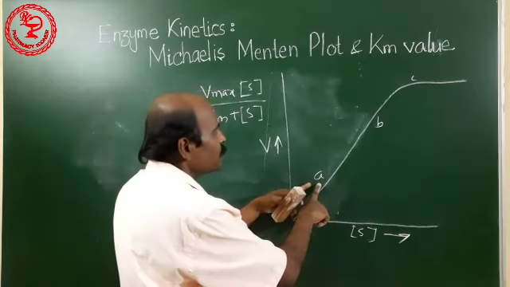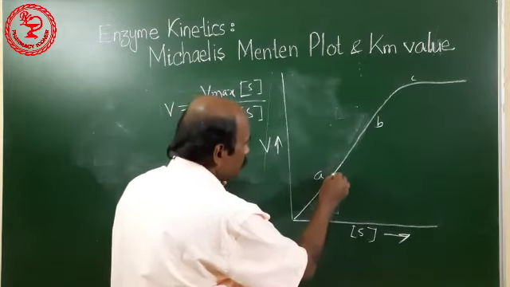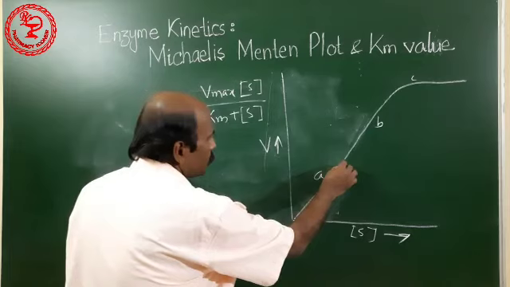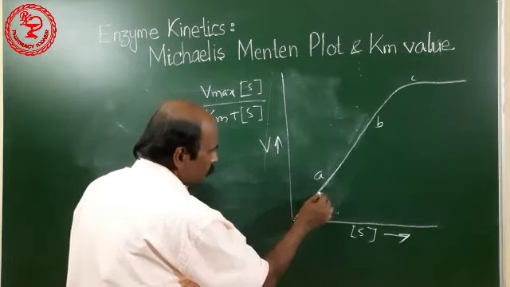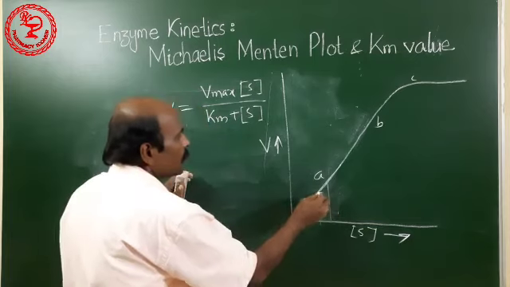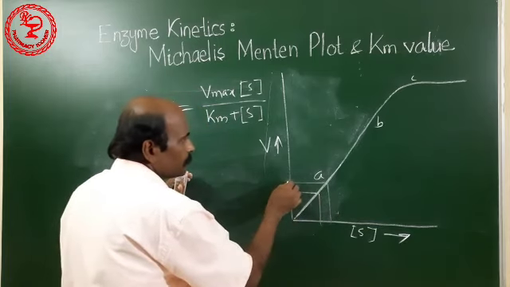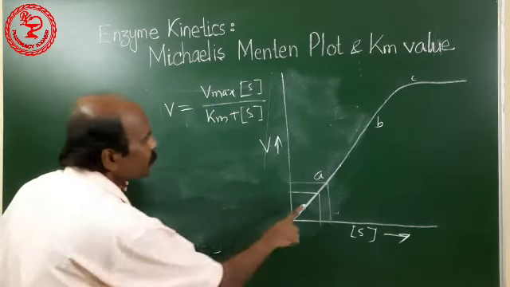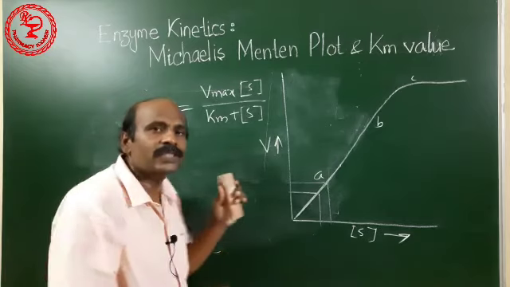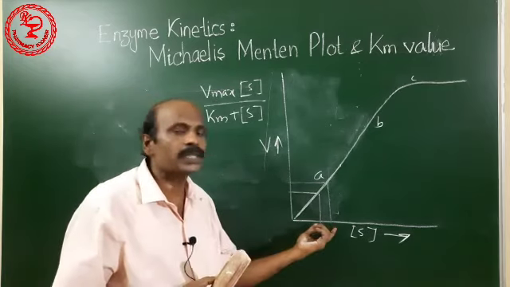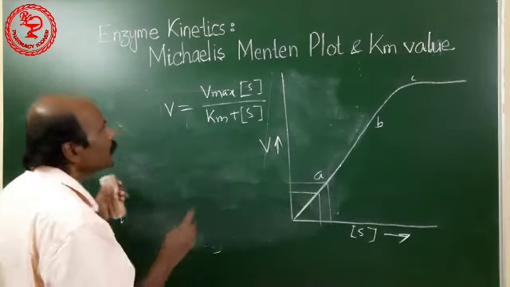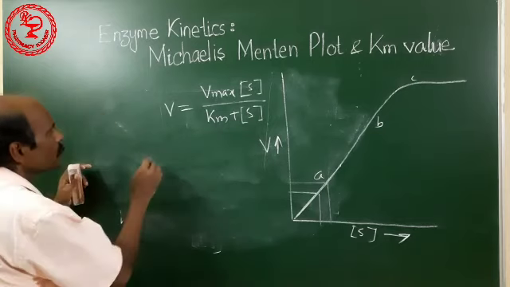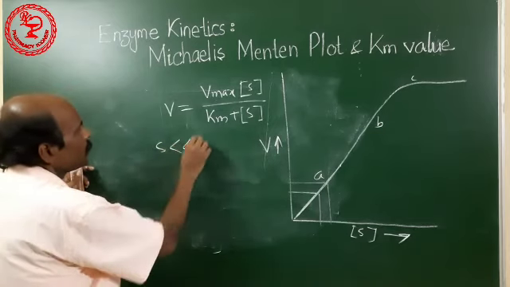The A region is a straight line, linear. If we increase the concentration of the substrate, there will be an increase in velocity. Now you see why it is a straight line. In the initial state, the substrate concentration is very low, much lower than the Km.